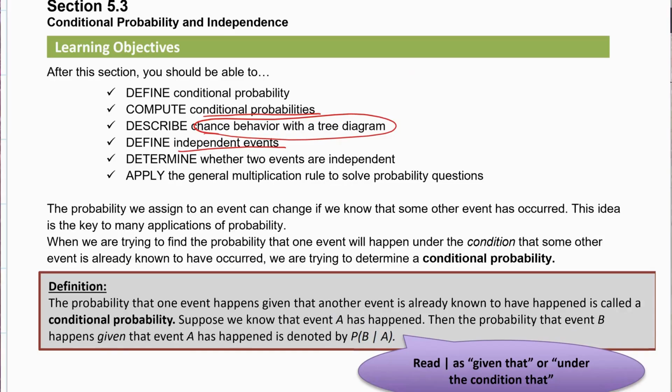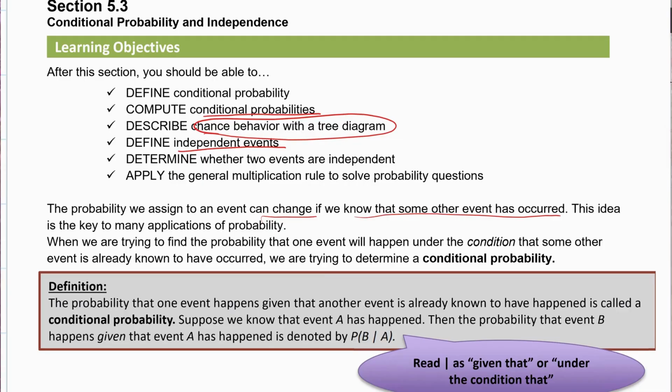It says the probability we assign to an event can change if we know some other event has happened. And this idea is heavily embedded into a bunch of the stuff that we'll be doing in the near future. So we have this thing called a conditional probability.